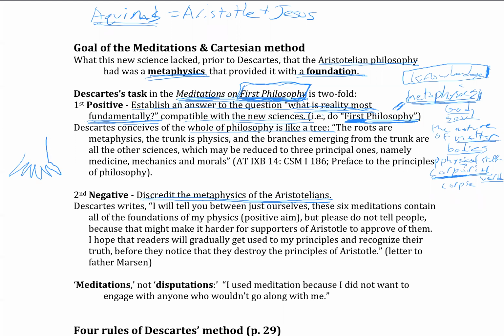So we've got metaphysics. We've got physics.